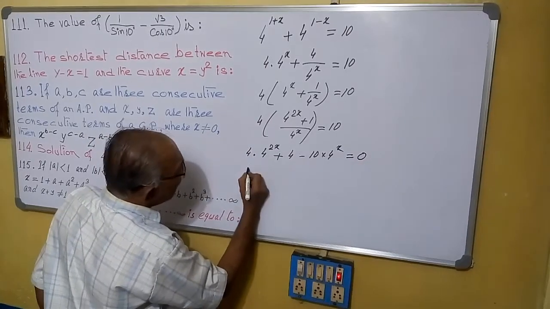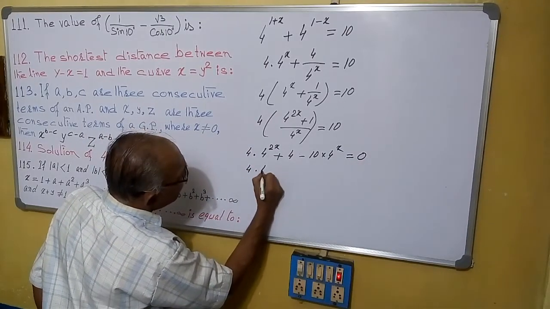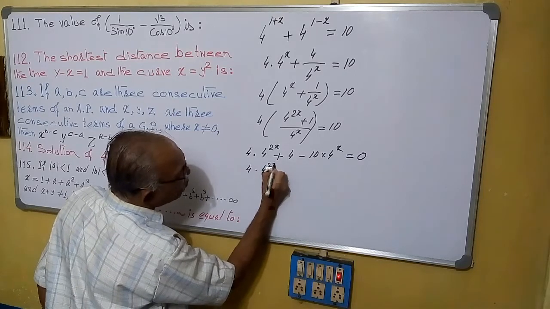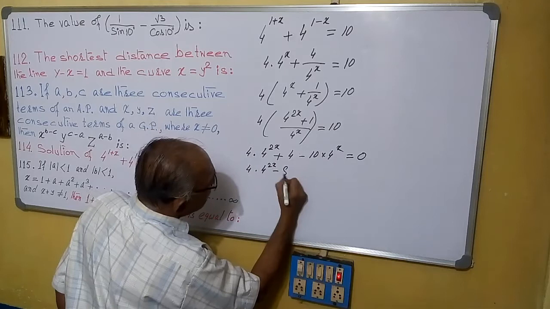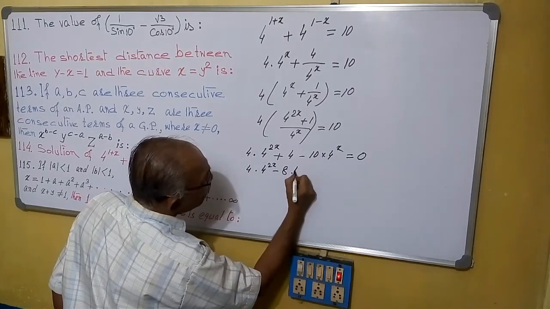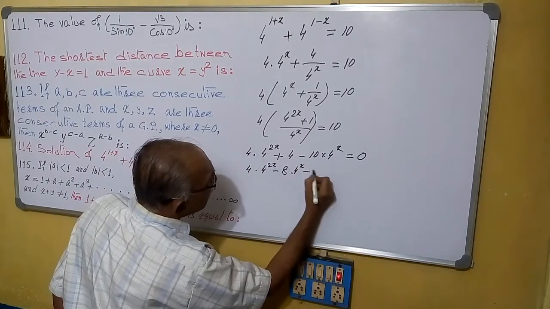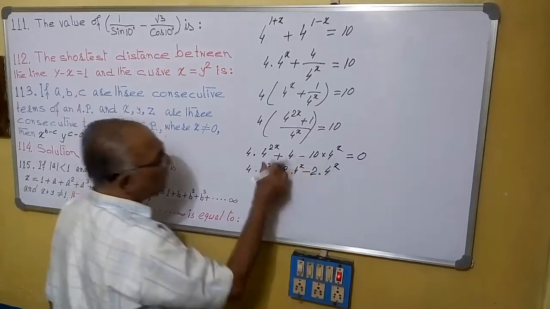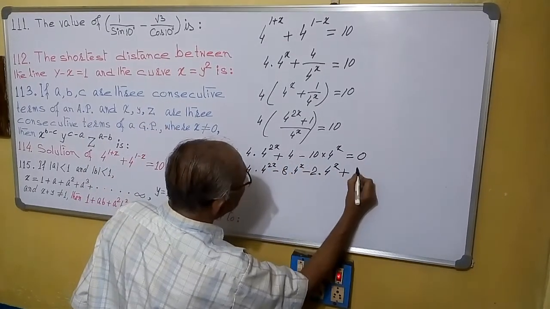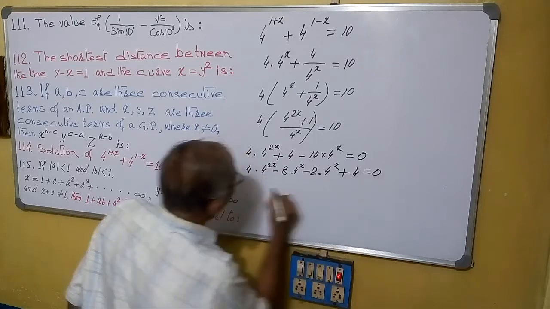We can write this as 4 into 4 to the power 2x, 4 for the 16, minus 8 into 4 to the power x, minus 2 into 4 to the power x. I am doing middle term factor, plus 4 equals 0.